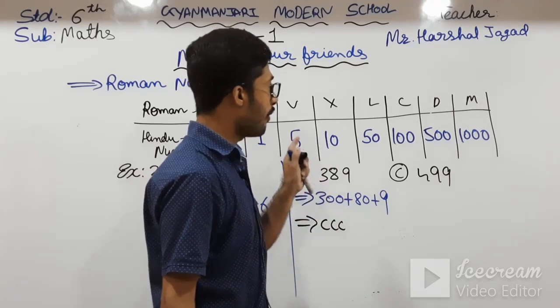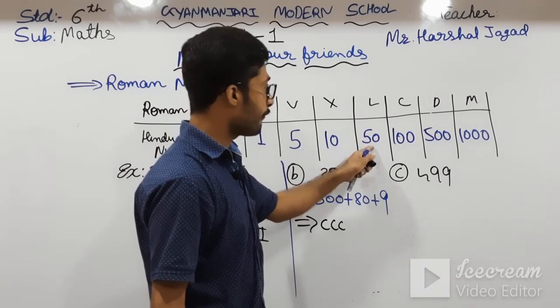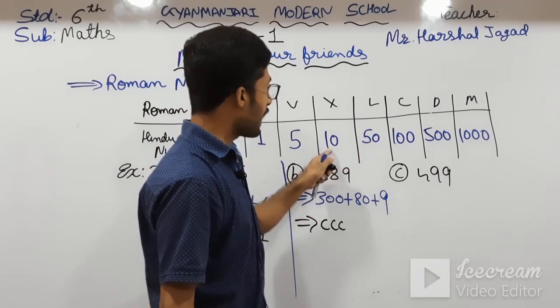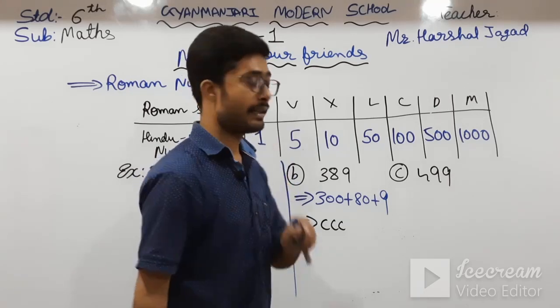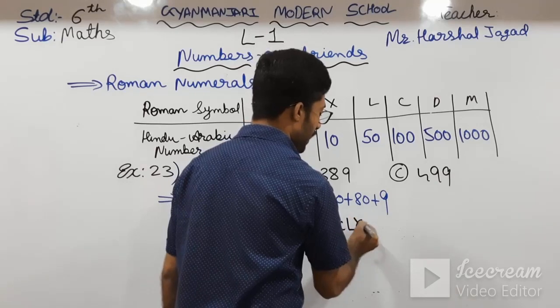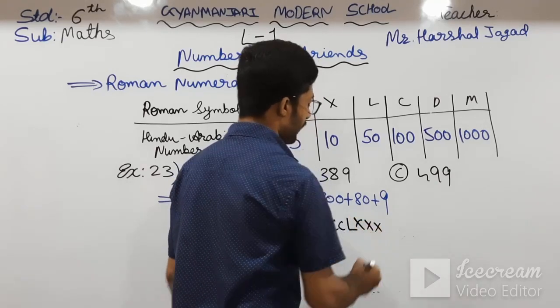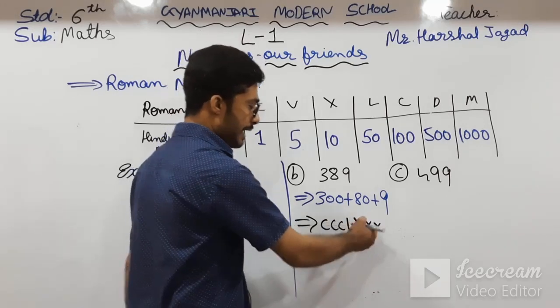Then how can we write 80? If we take 50 and add 30, that is 80. So L, how many times X? 1, 2, 3. Okay students, 3 times X, that is 80.